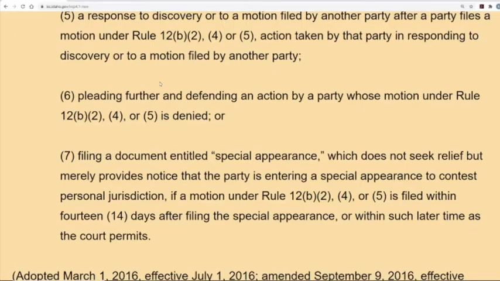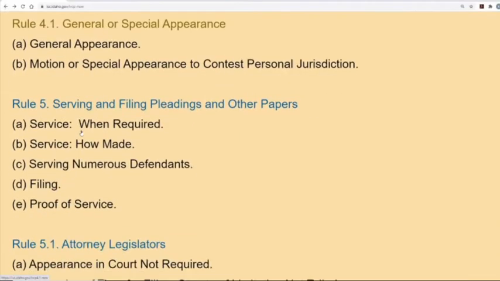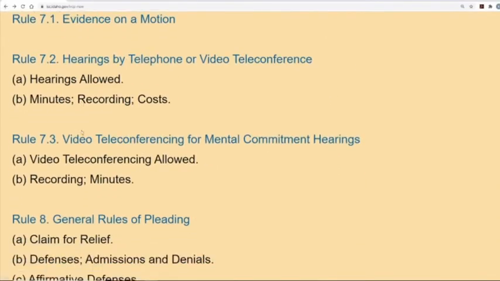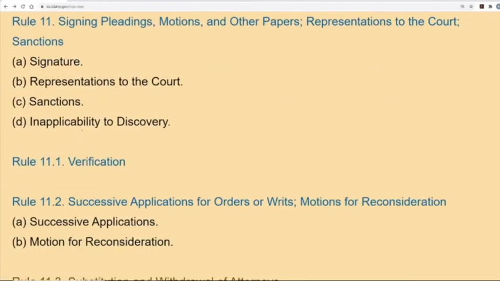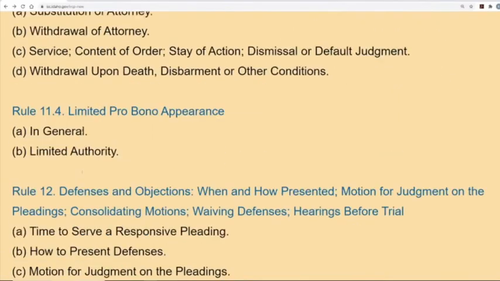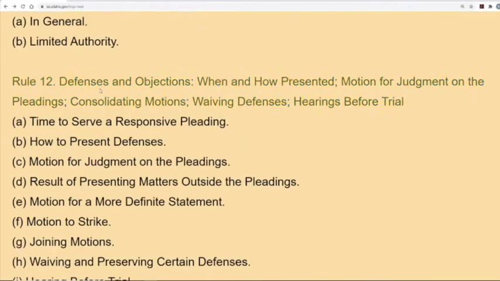Okay. All right. Now, we'll go down here to Rule 12 so we can get a good comprehension of what a motion to dismiss is. Defenses and objections. When and how presented.